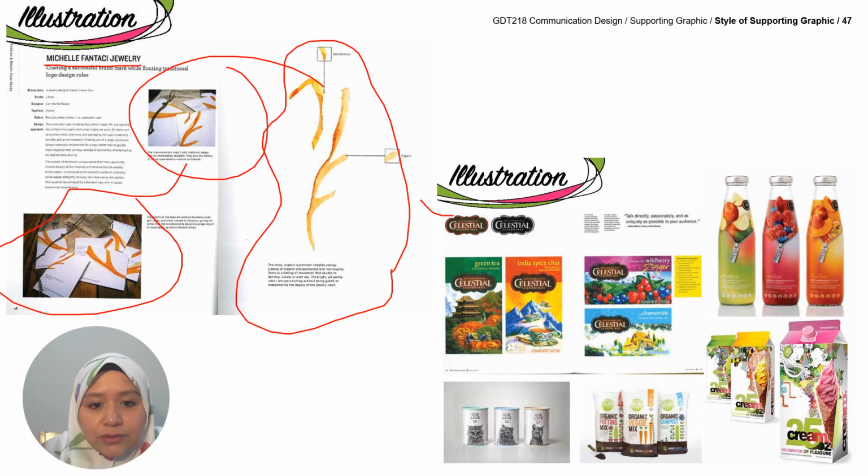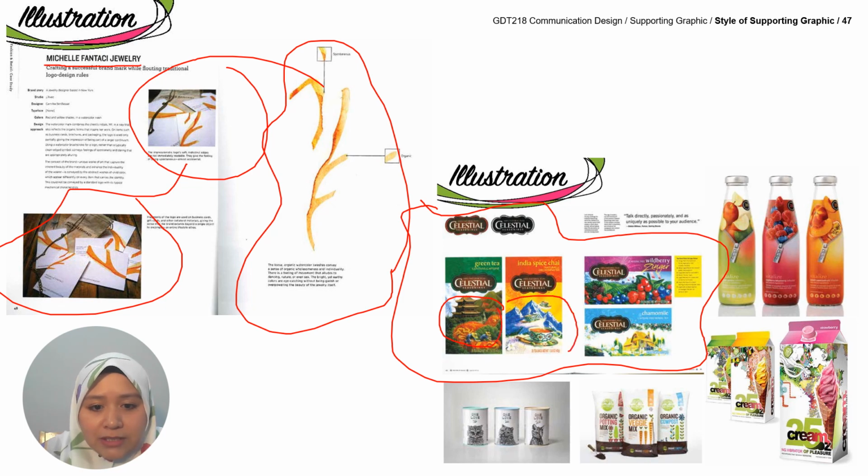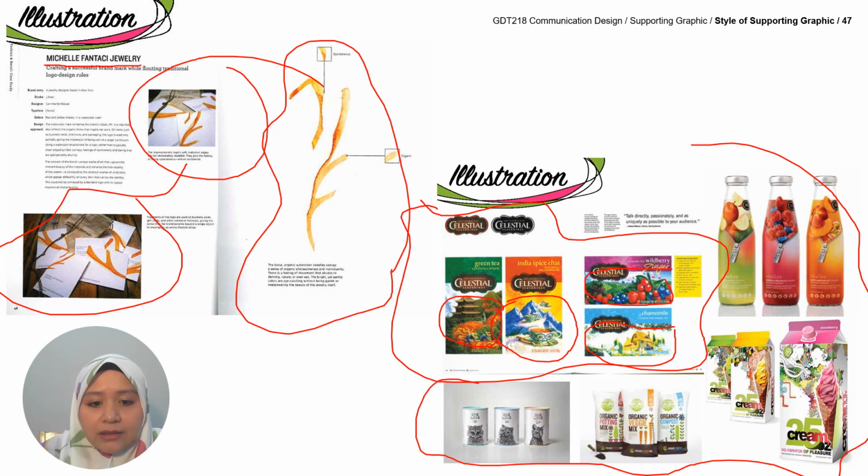And here is also manual illustration from the logo and for their product brand image. Interesting yet unique. And this one is digital illustration, which they apply to their packaging design to look more varied, vibrant and very good looking.